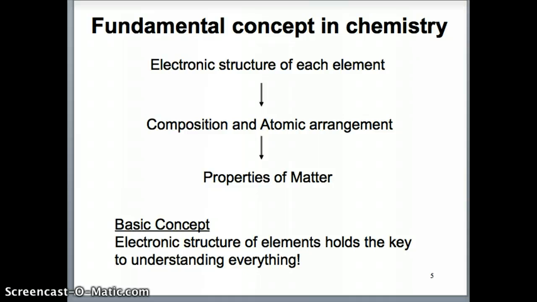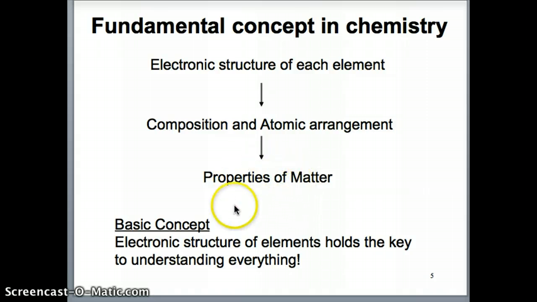So before we go on further to the actual concepts of chemistry, I want to talk about this idea in chemistry that you have to understand. What you're going to be learning throughout the semester is really this relationship between what we call properties of matter.